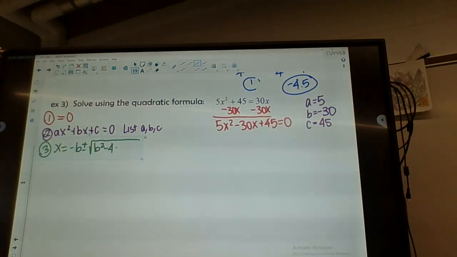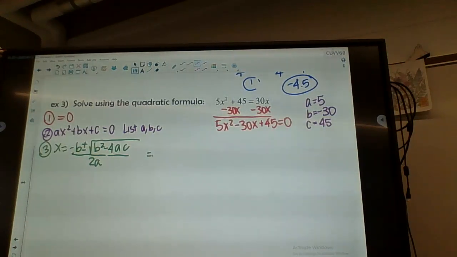But again, I think this is maybe one of the toughest steps because it's so easy to get things mixed up. So opposite of B, and our B is a negative 30, so we're going to do plus 30, or positive 30.